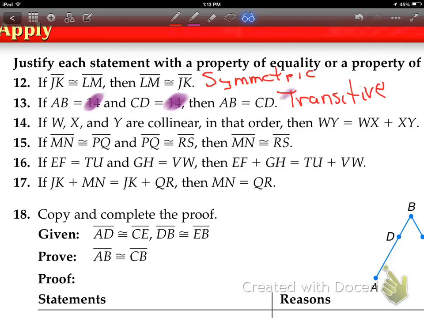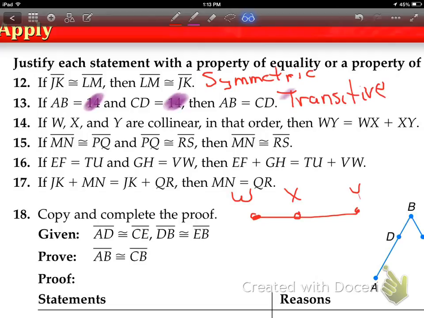Number 14, if W, X, and Y are collinear in that order, which means X is between W and Y, then the length of WY equals WX plus XY. Well, if you think about the segment that they have just talked about, I'll draw that down at the bottom here. They've talked about W, X, and Y in that order.